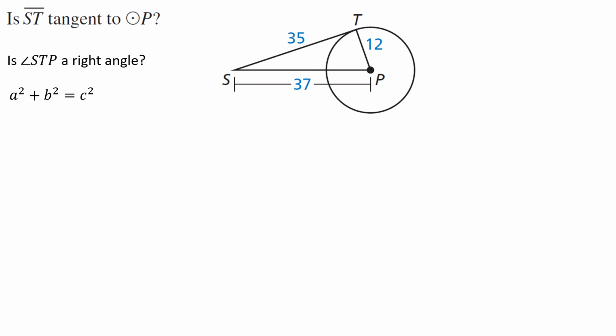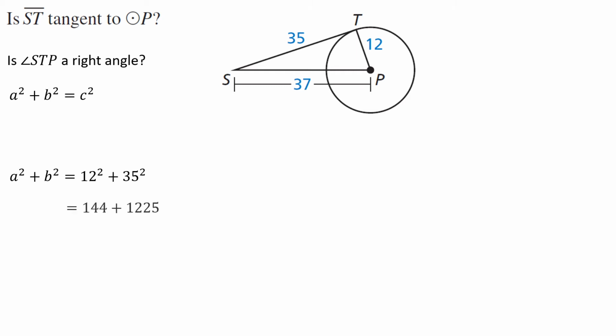Now, technically, I'm going to do S squared plus P squared equals T squared by the way those angles are labeled. But I'm just going to go with the good old famous ABC deal. So for my A and my B, those are going to be the legs. That's the 12 and the 35.